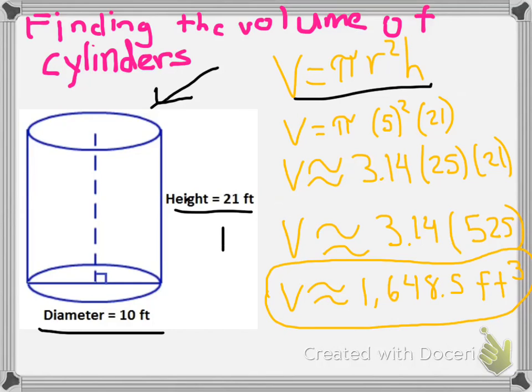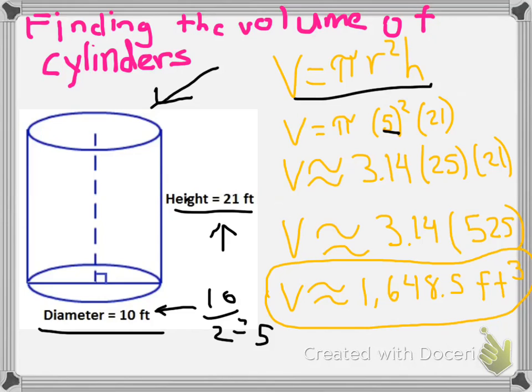So we have our height, and now we want to find the radius. And the radius is 10 divided by 2. That equals 5. So our radius is 5 right here. So volume equals pi r squared times height, which is 5 squared times 21.